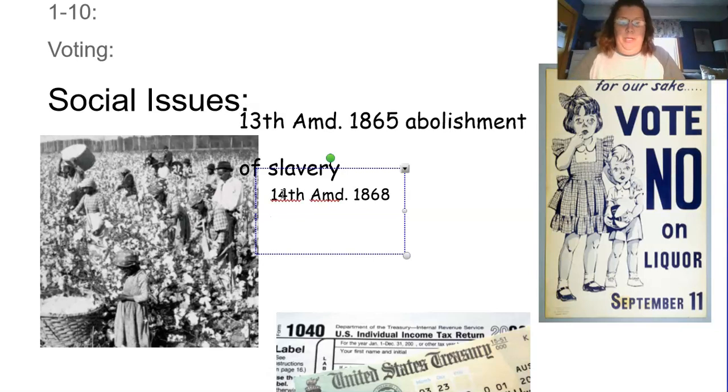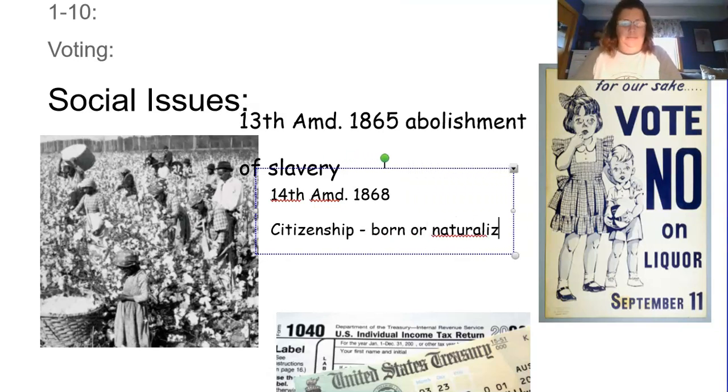The first part is the fact that it addresses the issue of citizenship. And in the Constitution, it says you are a citizen if you are born or naturalized. So any person who's born on U.S. soil is automatically a U.S. citizen.